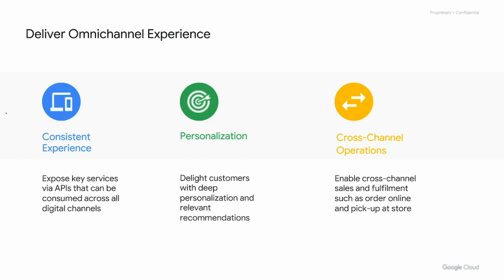This extends to things like personalization, ensuring consistency across interactions for things like product recommendations, which are, of course, based on centralized data about the customer, their shopping behaviors and preferences. And a critical component of this is facilitating cross-channel sales and fulfillment. So, for example, buy online, pick up in store.